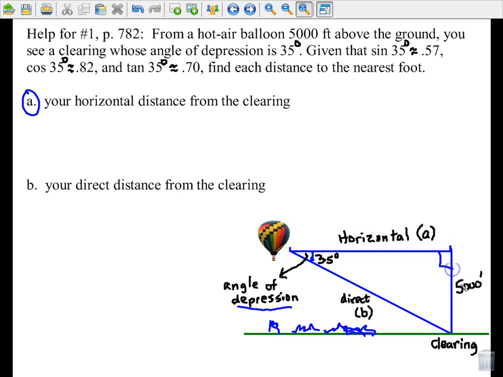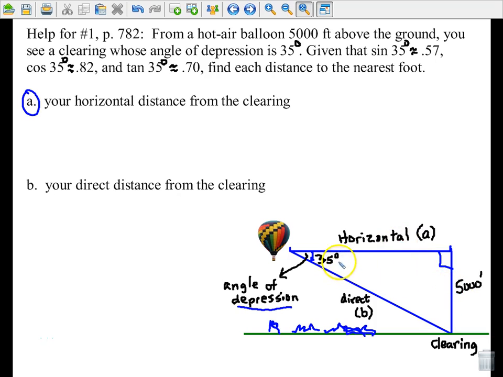All right, so here's my right angle. Well, thinking back on our trig functions and looking out from the angle that measures 35 degrees, I notice that I'm given the opposite side. I'm not given the adjacent side.